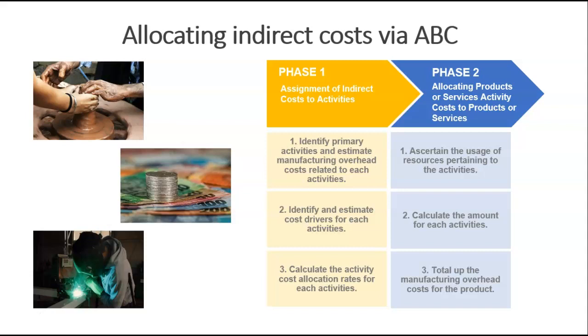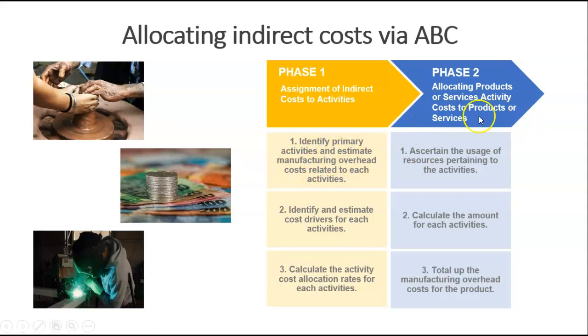So what we have here in this slide is a summary of the steps to compute using activity-based costing. So phase 1 is you assign indirect cost to activities. What you need to do first is identify what the activities are and what the related costs for the activities are.